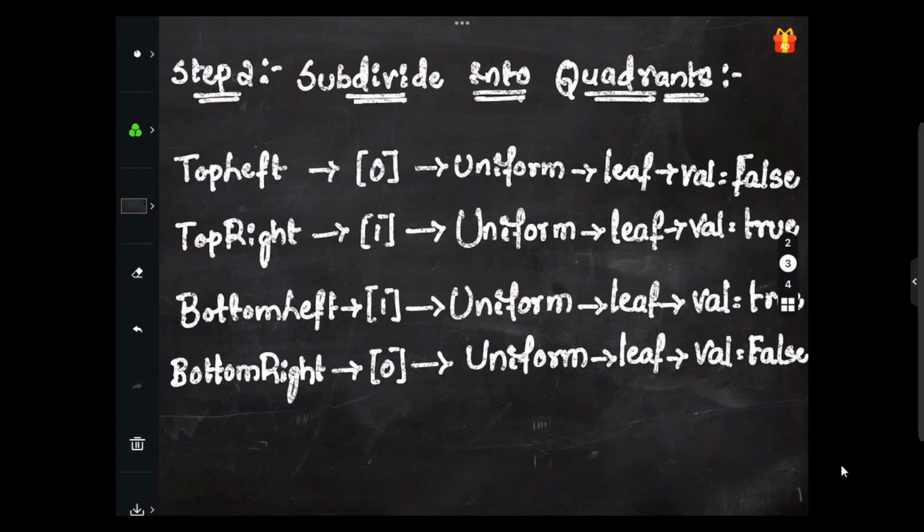So this is fine. Next, let's come to the second step. We have top left, top right, bottom left, and bottom right, which are the quadrants.